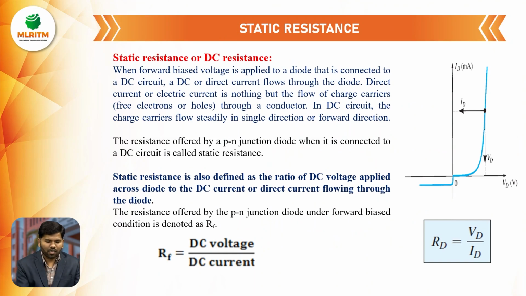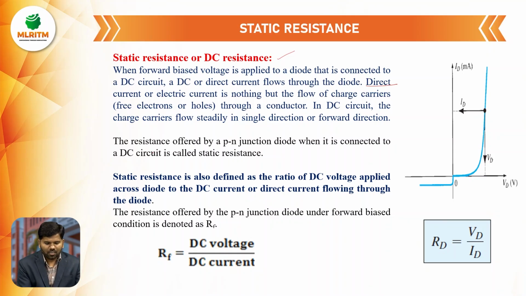Coming to static resistance or DC resistance, when a forward bias voltage is applied to a diode connected to a DC voltage or current, some amount of current will flow through the diode. Direct current means the flow of charge carriers, either electrons or holes, only in one direction.